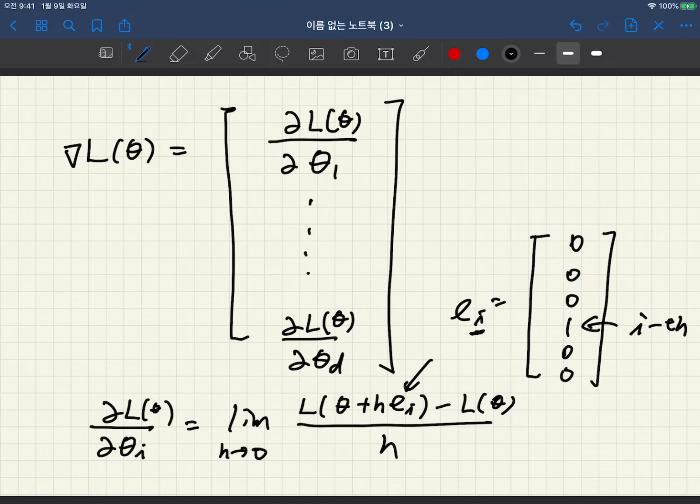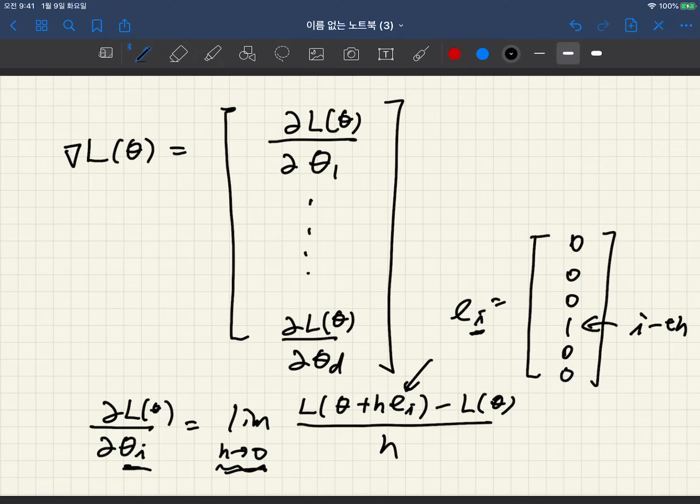The gradient vector consists of the partial derivatives, and a partial derivative means when you change the i-th element by a very tiny, infinitesimal amount, how much variation you can observe in the loss value. So this very tiny amount is very important.